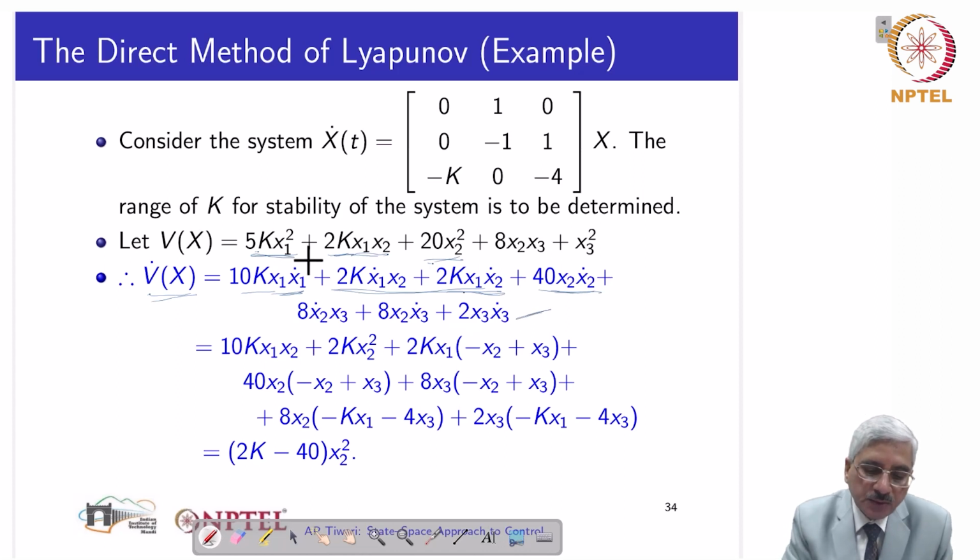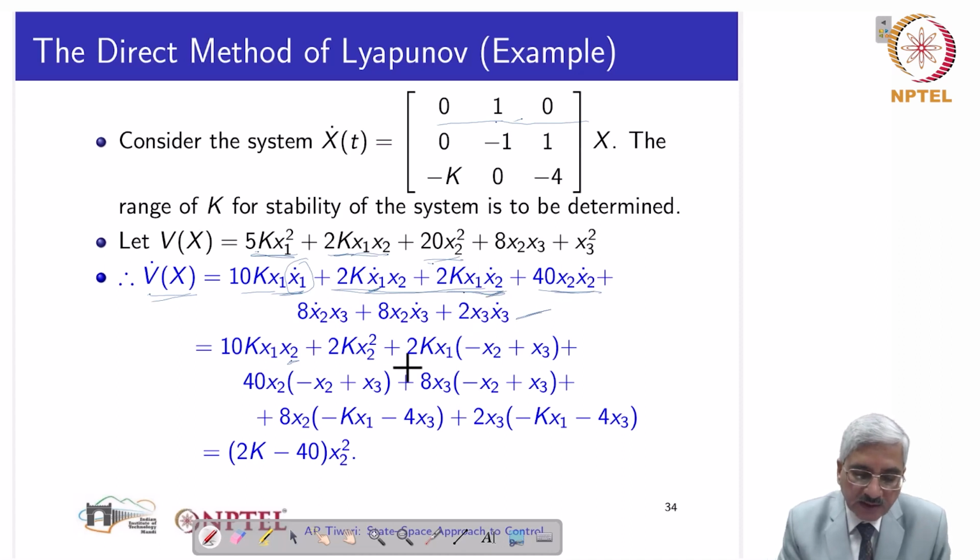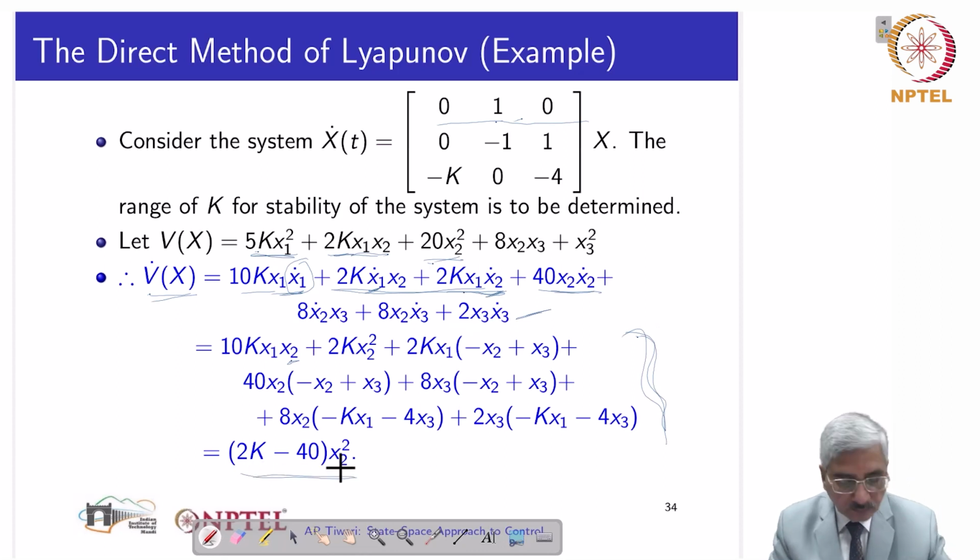And then we substitute x1 dot equal to x2. Similarly, here x1 dot is x2, and like that x2 dot, x3 dot, etc. We substitute, and after that substitution we obtain this expression, and this one eventually simplifies to V dot x equal to 2k minus 40 x2 square.